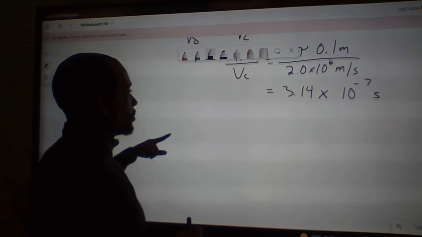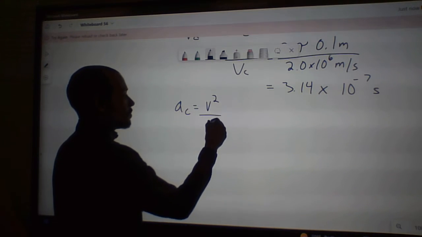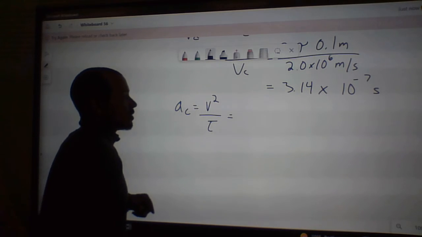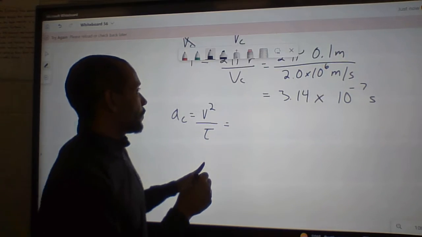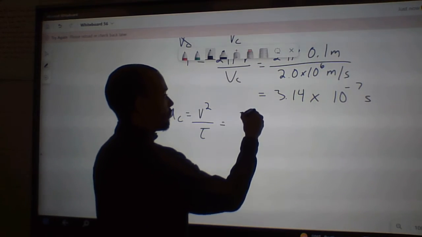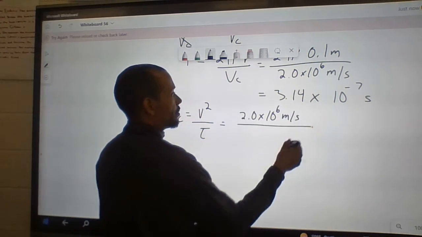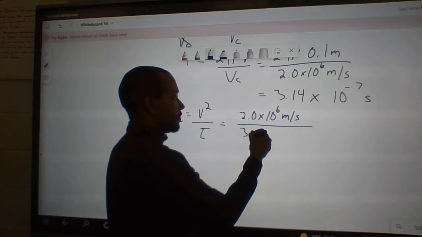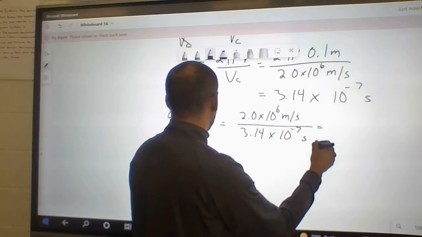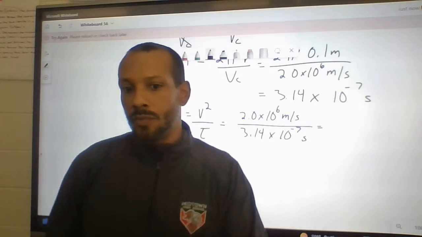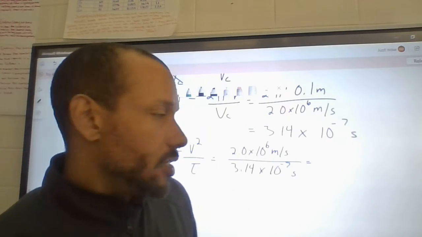So for acceleration, we're just going to use the acceleration equation and our time. All right, and then also for this one, let's do a little cheater math.